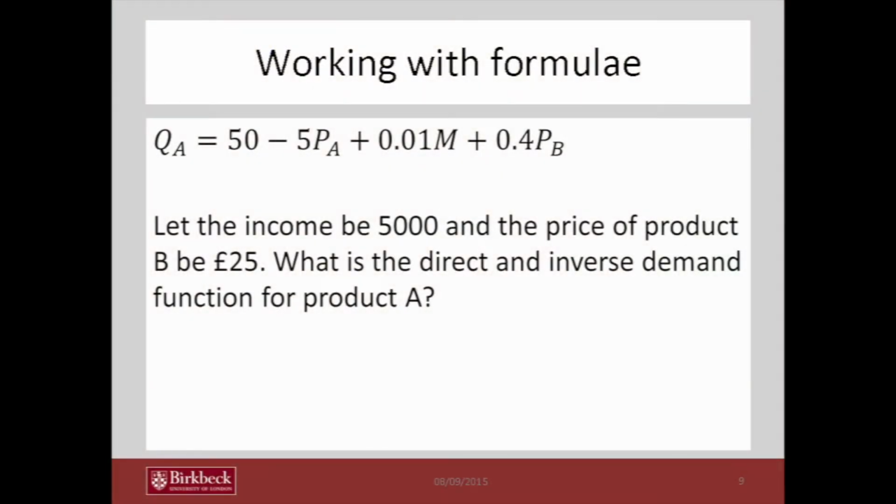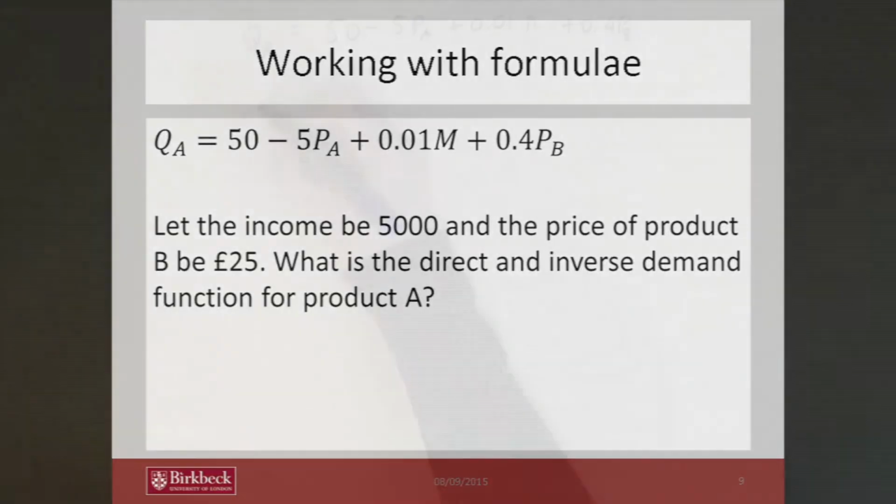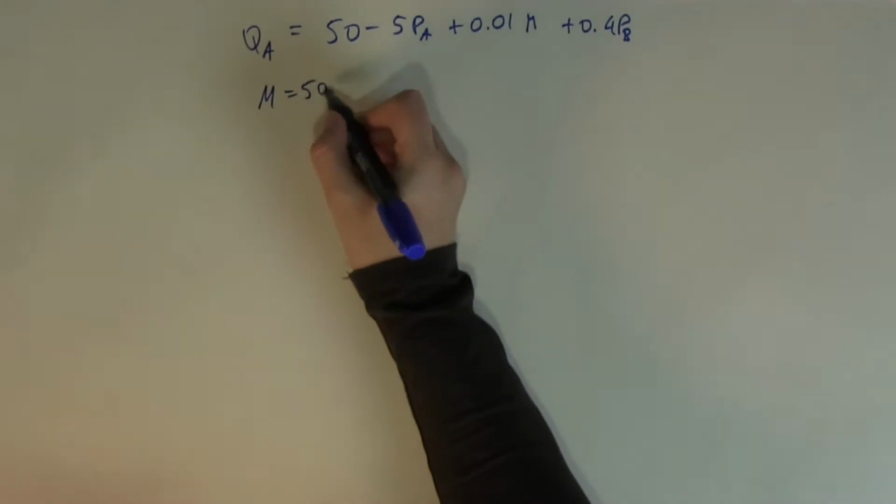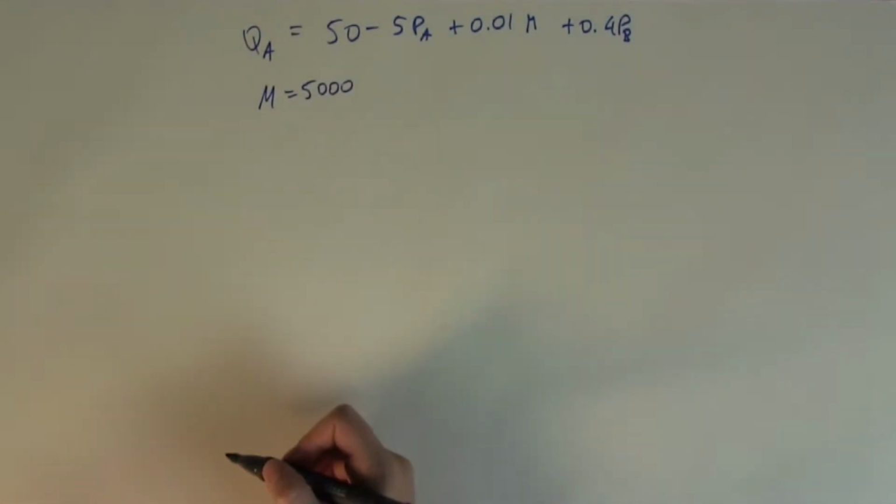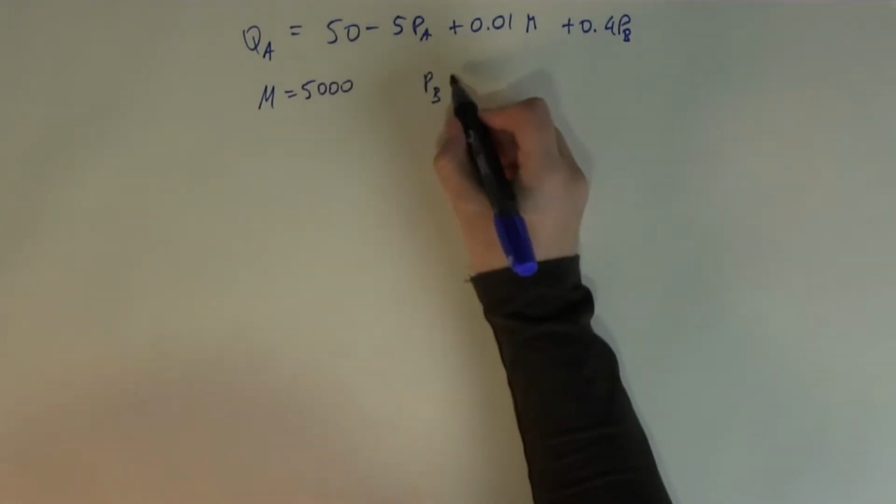So in this next example, when you read the text, you can see that the income is 5,000, so I can record that M is equal to 5,000. The price of product B, so PB, is 25, and again we need to find the direct and inverse demand functions.